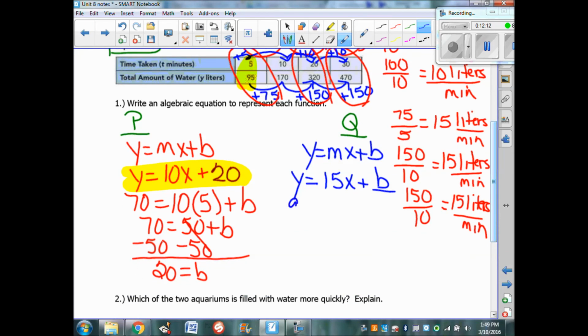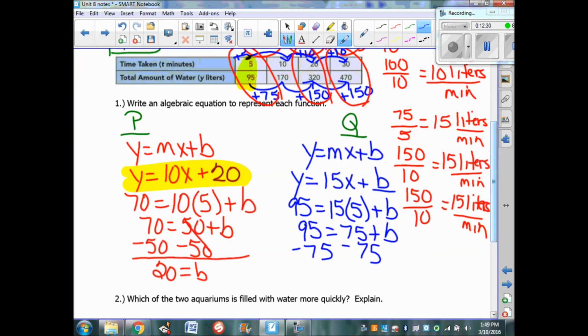My y is 95 equals 15 times 5 plus b. 95 equals 75 plus b. Now I've got to solve for b. I'm going to subtract 75 from both sides, and b is 20. So I can go back into my equation and put in what it started with. It started with 20. So that's for aquarium Q.